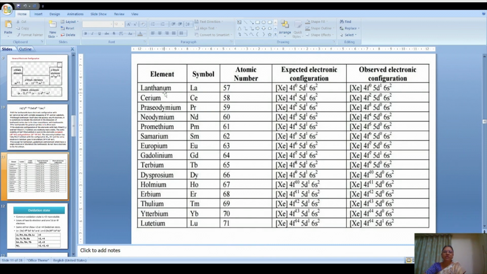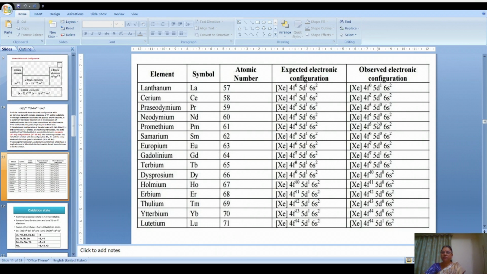We can see here the lanthanide elements from lanthanum to lutetium, atomic number 57 to 71. This is the expected electronic configuration: xenon core 4f0 5d1 6s2. Here this is the expected electronic configuration, but the observed electronic configuration is somewhat different.